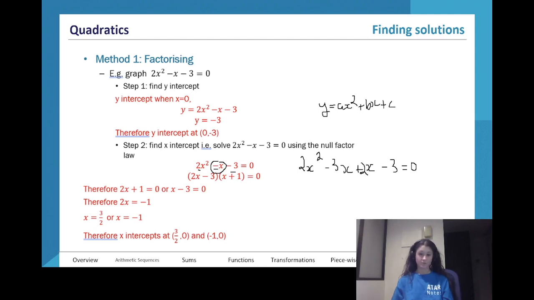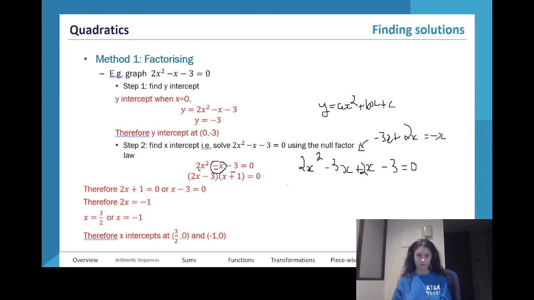And of course this works because -3x plus 2x equals -x, which is what we were subbing in for, so it's still equal, but this allows us to factorize it.